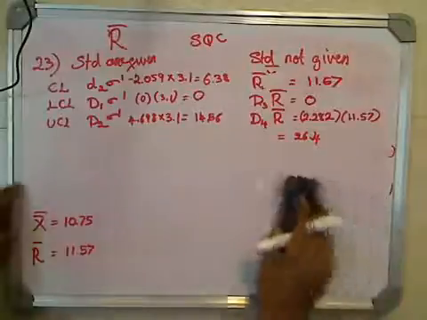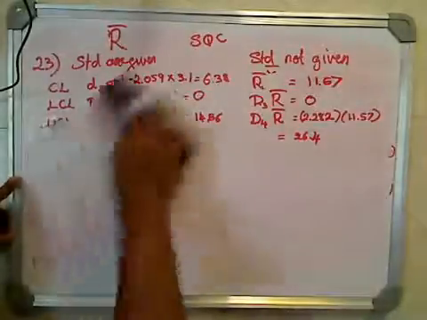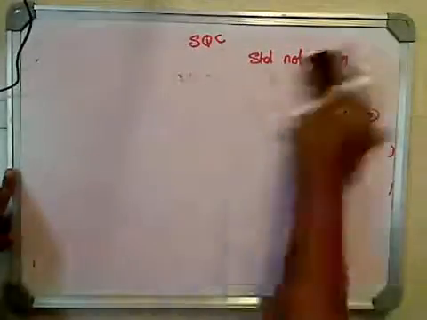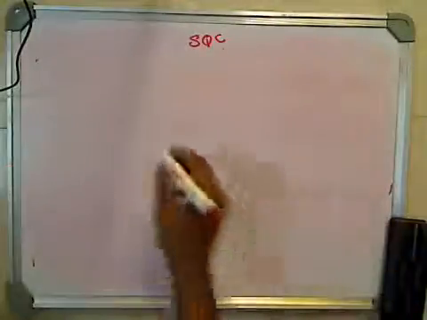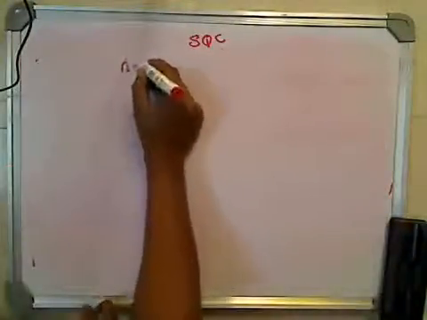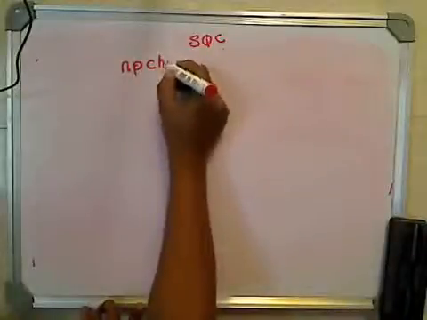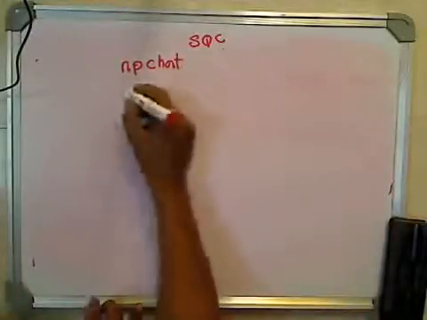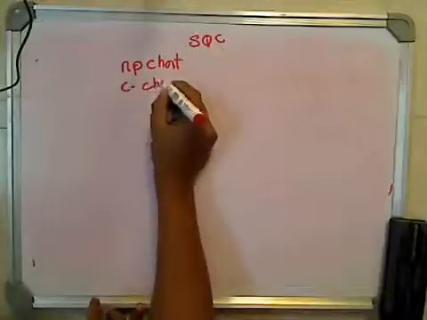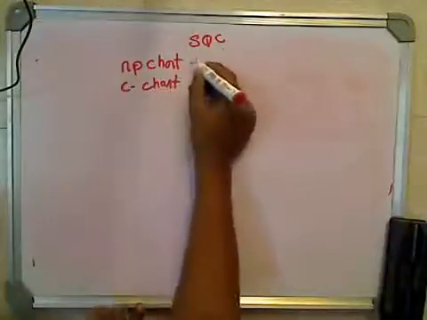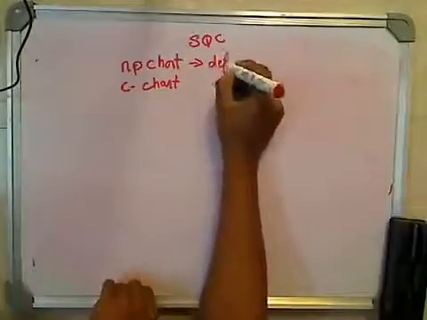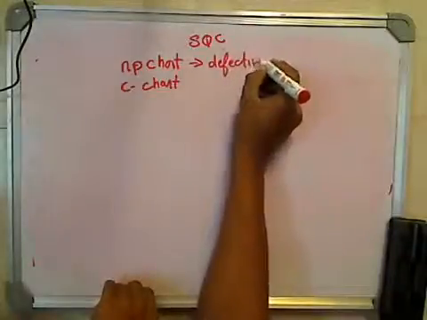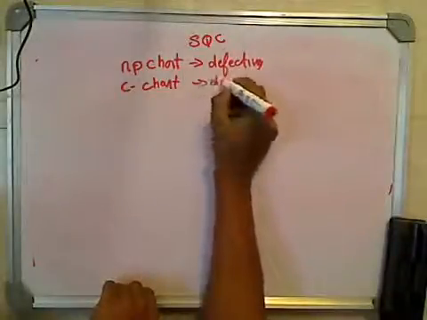So let me go about explaining them. And now let's look at the NP chart and the C chart. This, remember, talks about the number of defectives. This talks about defects.